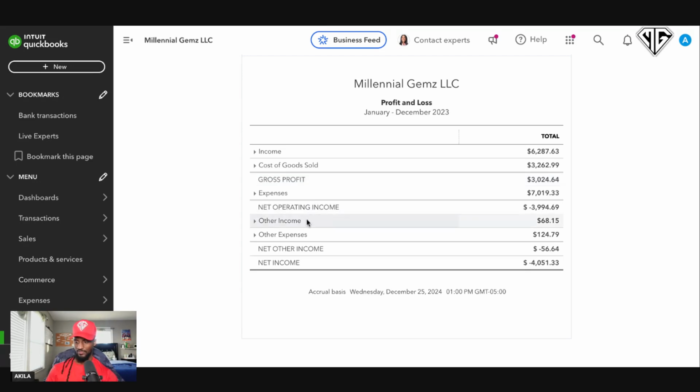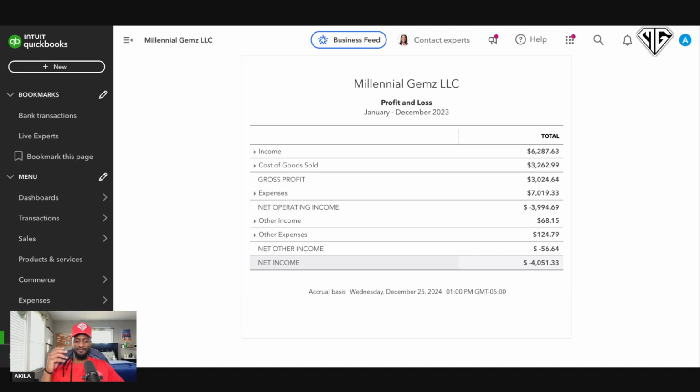Finally, you have your net income. Your net income is the take home money, or if you look at it from the aspect of your business, how much it has left after everything has been taken out.